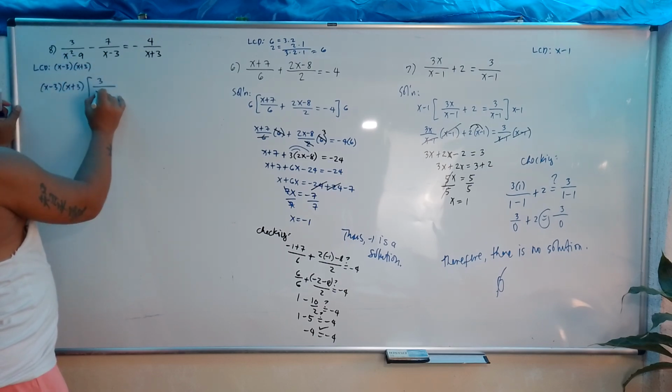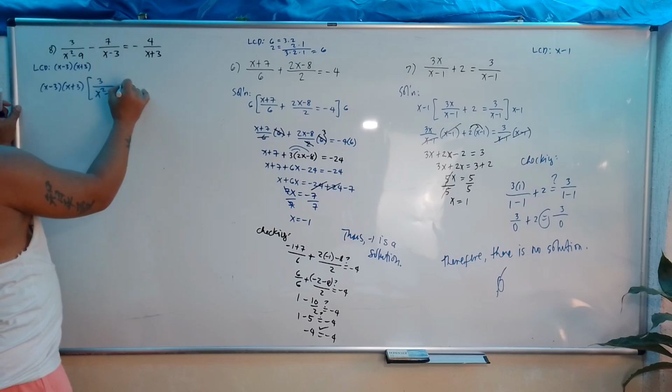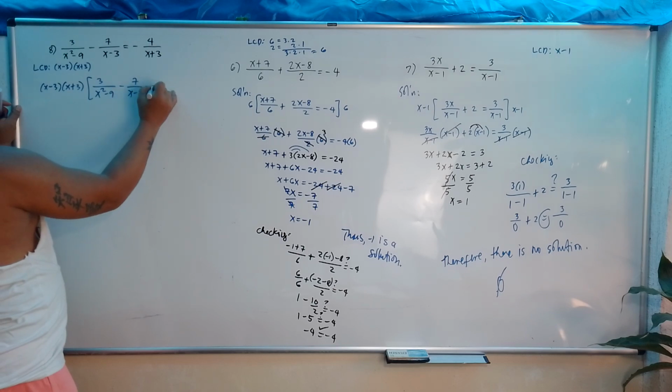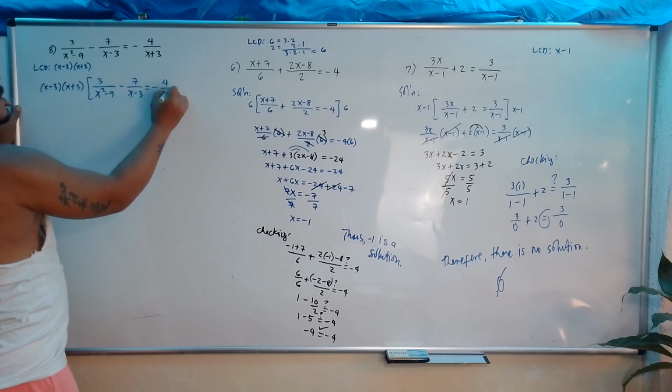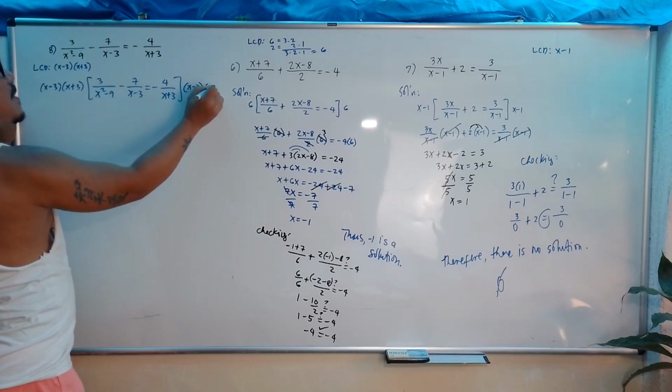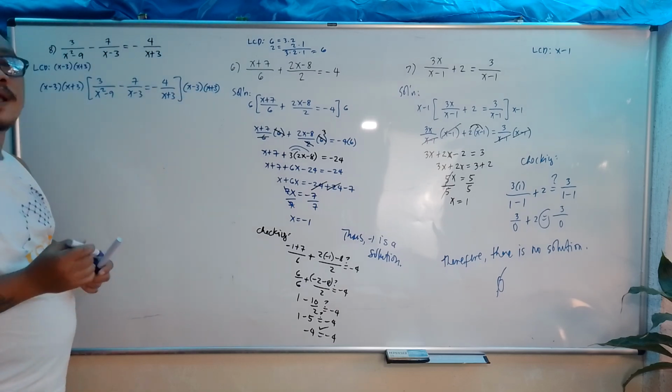You copy 3 over x squared minus 9 minus 7 over x minus 3 is equal to negative 4 over x plus 3. Then multiply the LCD x minus 3 times x plus 3 to both sides.